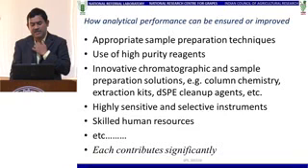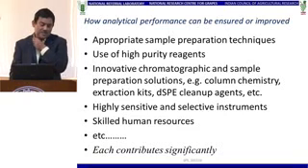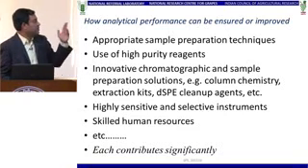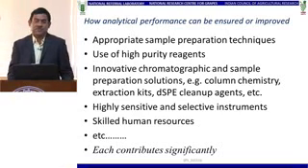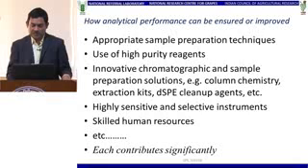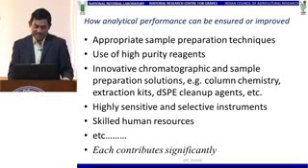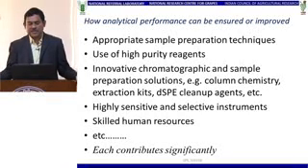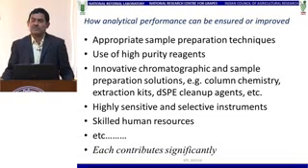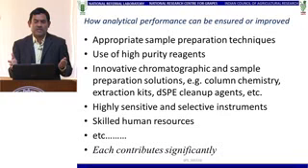So how can analytical performance be ensured or improved? We should use the appropriate sample preparation technique. We should be very sure that whichever sample preparation technique we are using is fit for purpose. Use of high purity reagents, innovative chromatographic sample preparation solutions. Lots of good columns are nowadays available. C18, I am told that more than 200 C18 chemistries are available.